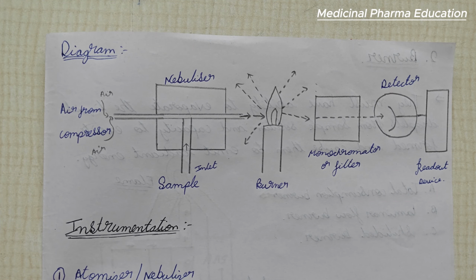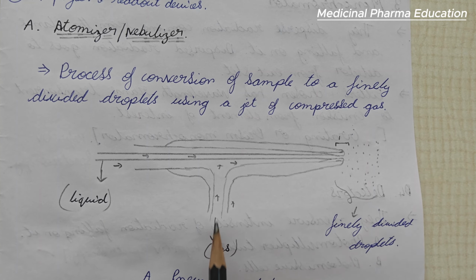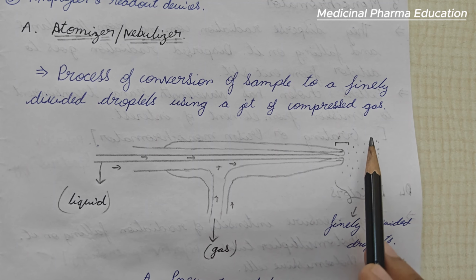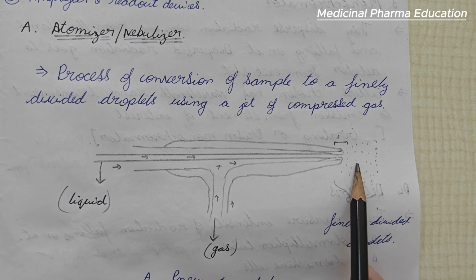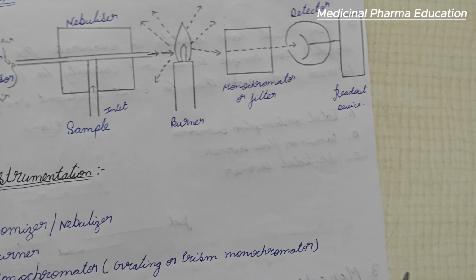When we press the knob very hard, the liquid sprays out as finely divided droplets from the syringe, right? The same mechanism is involved in the nebulizer. This is the work of nebulizer.